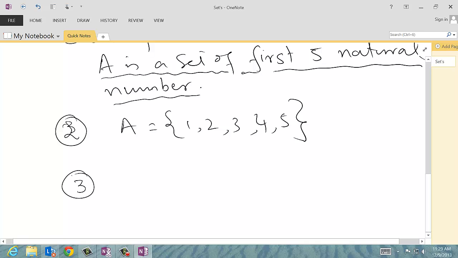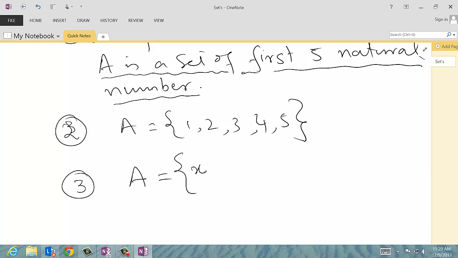There is another way of describing, and this is purely when math people talk to one another, or the language which science will speak while describing sets, and that's quite scientific. A is equal to, we'll give a variable name for the members of the set. Let's call them X, and then qualify X with the criteria for where X is going to get its values and what is the specific criteria upon which X is going to take the values.